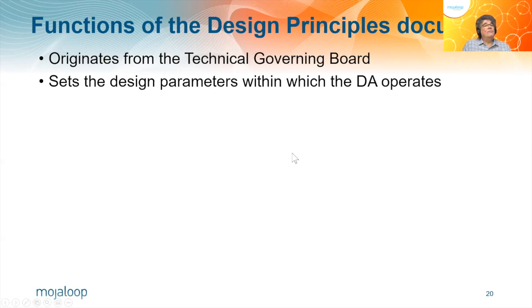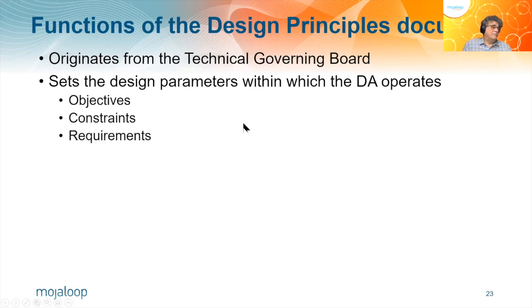So what we wanted was something which the Technical Governing Board could use to guide the discussions in the design authority and make sure that the design authority was responding to the directions that the Technical Governing Board wanted us to go in. So that is for objectives, constraints, requirements, and preferences.